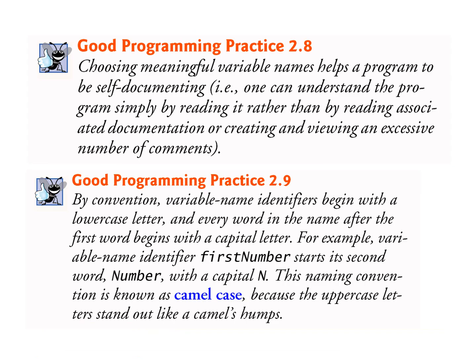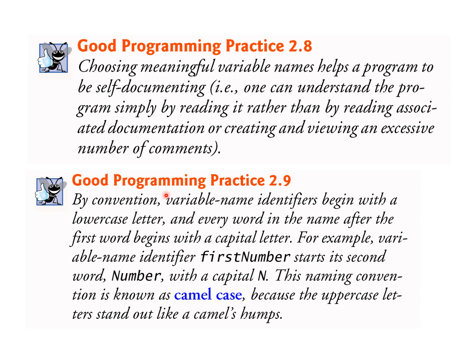When you declare variables in your program, I'd like you to follow these two good programming practices. First, choose meaningful variable names because it helps make a program self-documenting. That means one can understand the program simply by reading it rather than by reading associated documentation or viewing an excessive number of comments.